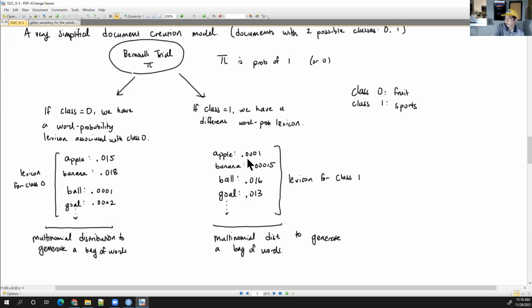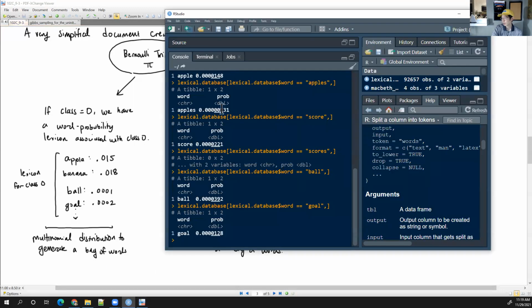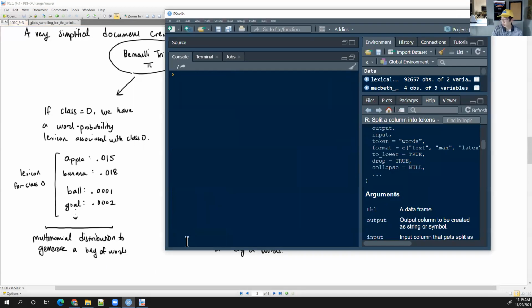Whereas if the document is about sports, words like apple and banana will have lower probabilities, and words like ball and goal will have higher probabilities. And so this part is going to be a multinomial distribution to generate our bag of words, right? The multinomial distribution is like the binomial distribution, but it allows for the creation of multiple categories.